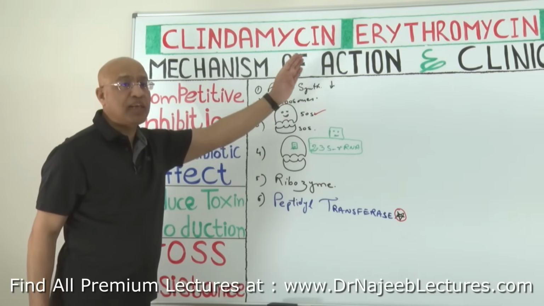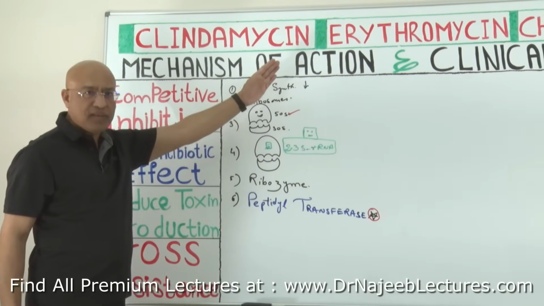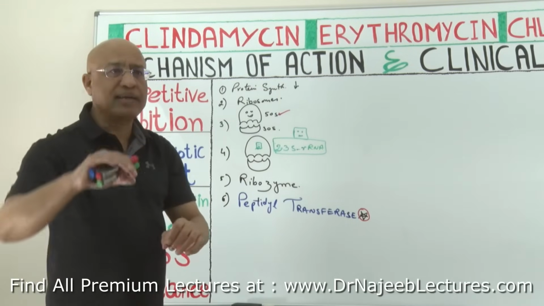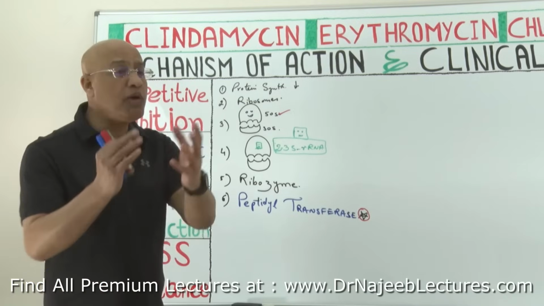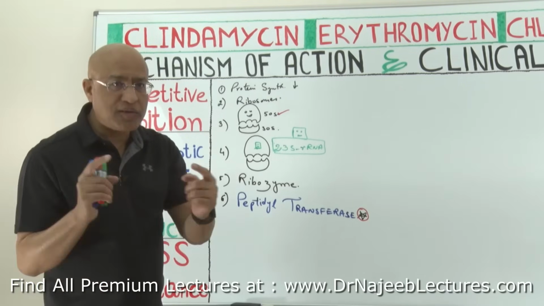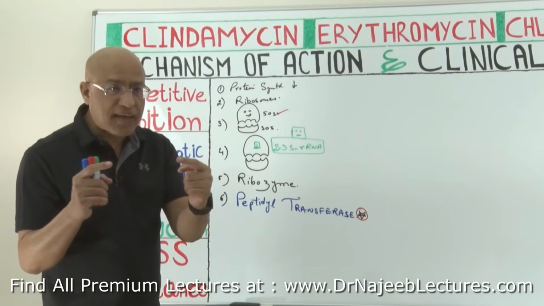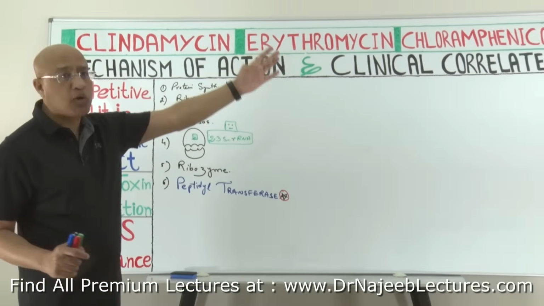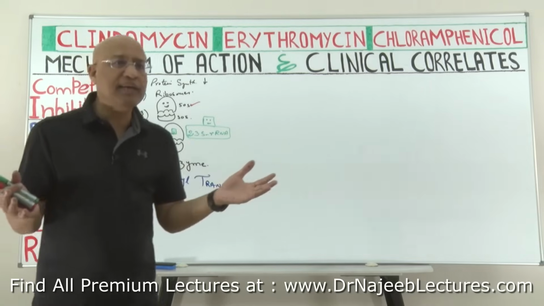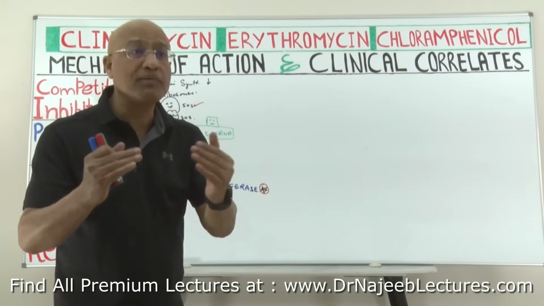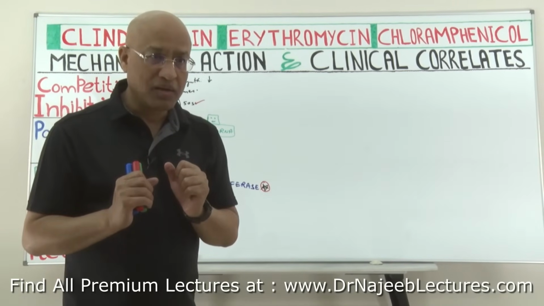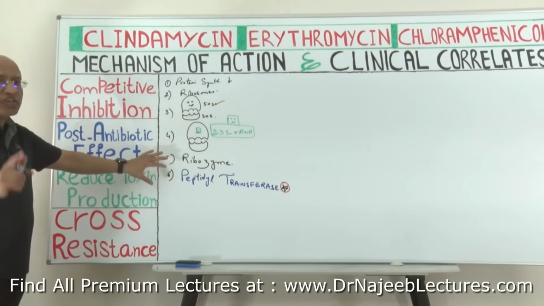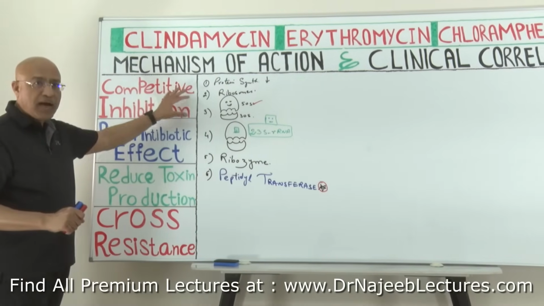Or if you have previously given the patient erythromycin and still erythromycin is present in the patient and you add clindamycin for more action, you will not get more action, because as I will explain, all three of these drugs, clindamycin, macrolides and chloramphenicol, there is no clinical situation in which all of them are given together, right? Because the mechanism of action is such that they inhibit the action of each other.